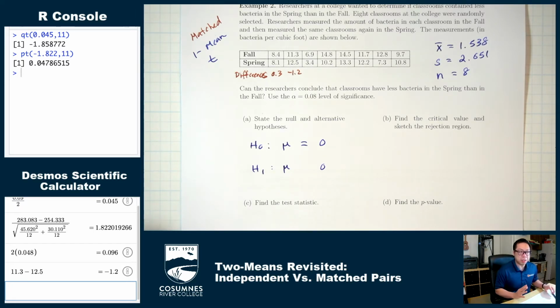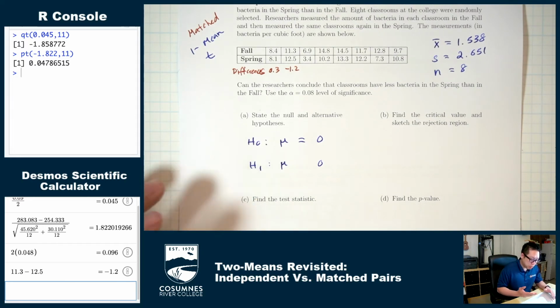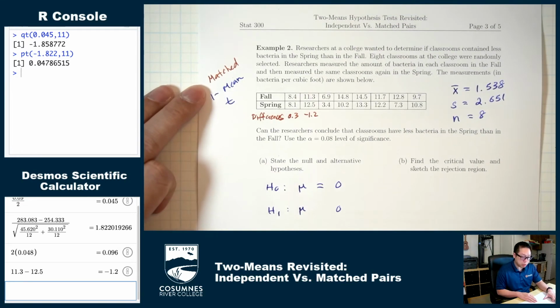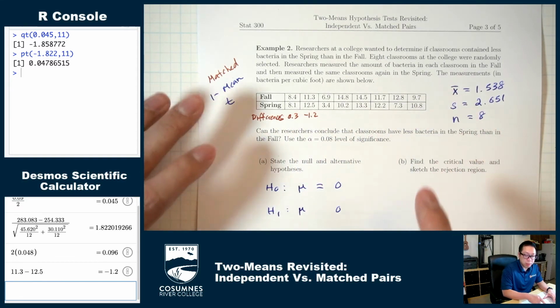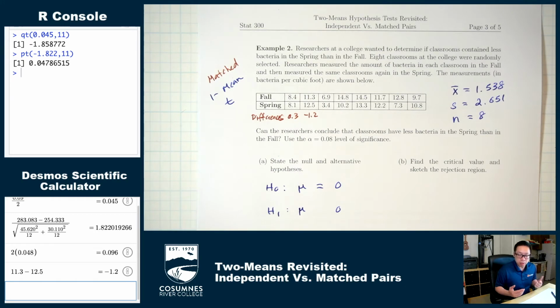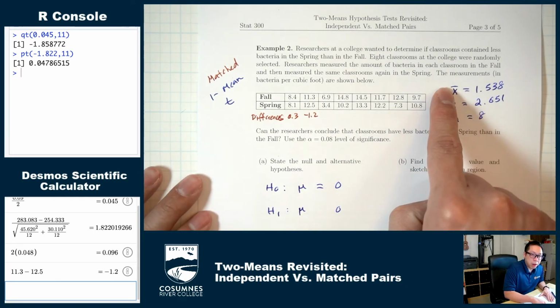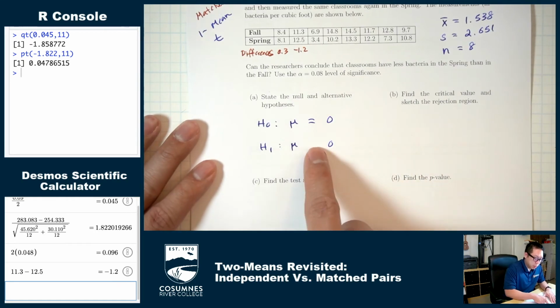Let me show you the cheating way to do it first, and I'll explain the correct way. For match situations, I recommend you enter the data, find the differences, find the mean, and then find the standard deviation and sample size. If the mean is positive, the symbol here is probably going to be a greater than symbol.